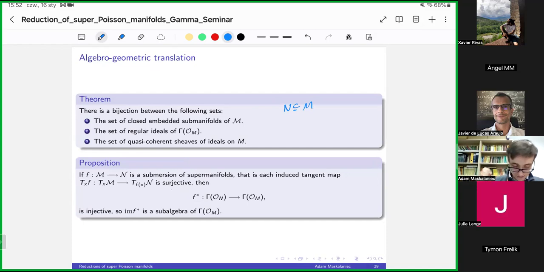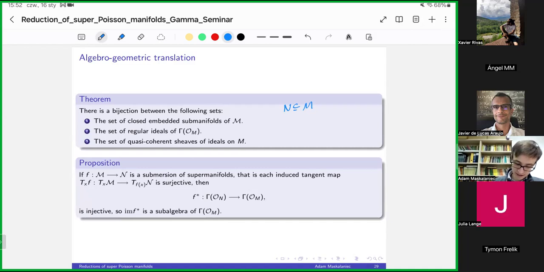And for the second step, if we are given a submersion of supermanifolds, but this also works in the case of smooth manifolds, then by definition, each induced tangent map is surjective. So the induced map of global sections is injective.